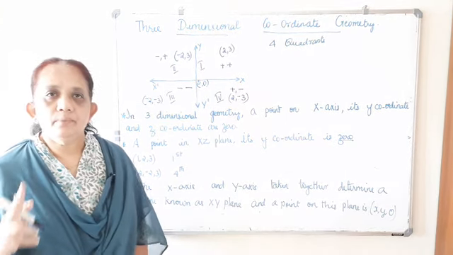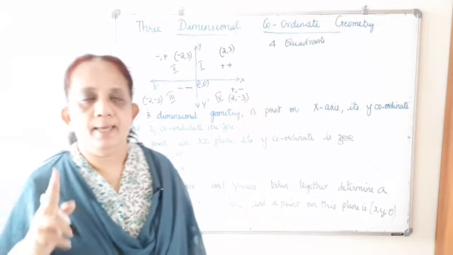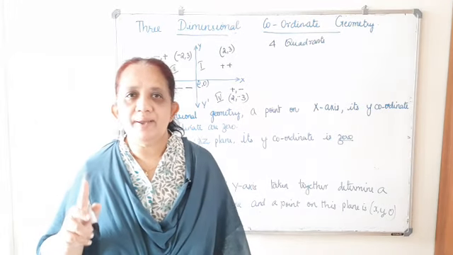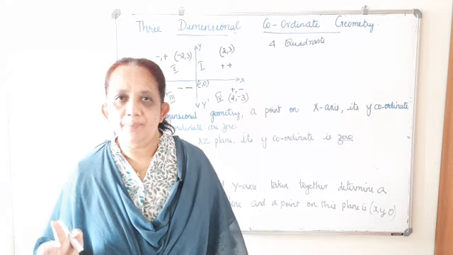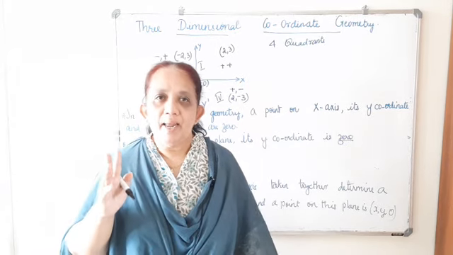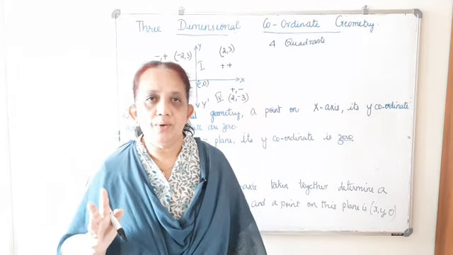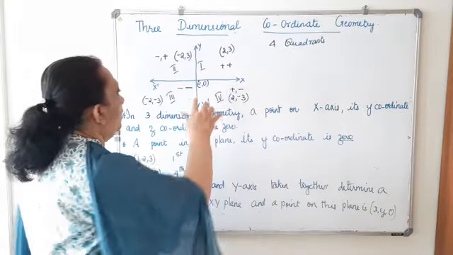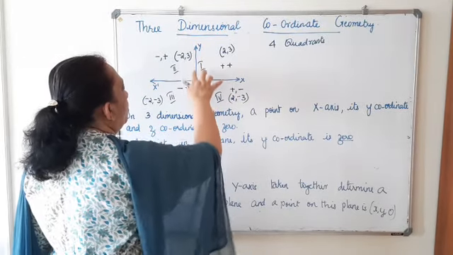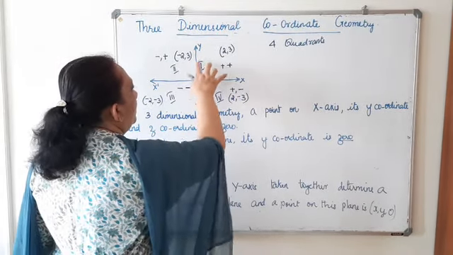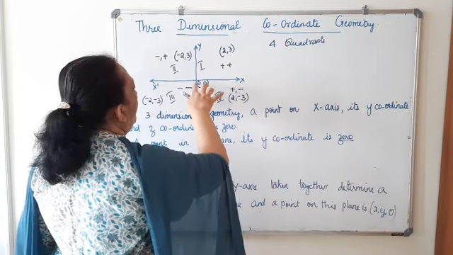So this is what you have studied considering two-dimensional geometry. That is, the x-axis and the y-axis divide the plane of the paper or the plane of the board into four quadrants, namely OX dash, OX, OY determine the XY plane.